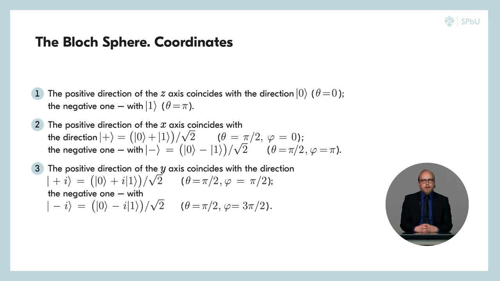According to our formula, the direction of the vector plus i corresponds to the angle theta equal to pi in half and the angle phi equal to pi in half, and respectively the direction of the vector minus i corresponds to the angle theta equal to pi in half and the angle phi equal to 3 pi in half.